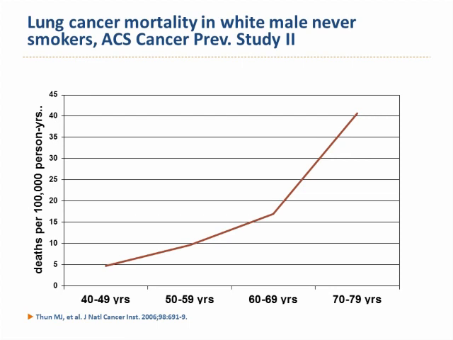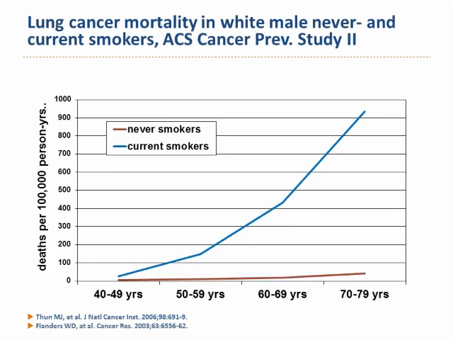So in this case, we can say that smoking is not a necessary cause of lung cancer. However, when we plot never smokers against current smokers, we see a dramatic difference in the likelihood that a person will die of lung cancer when we compare the blue line here with the red line.